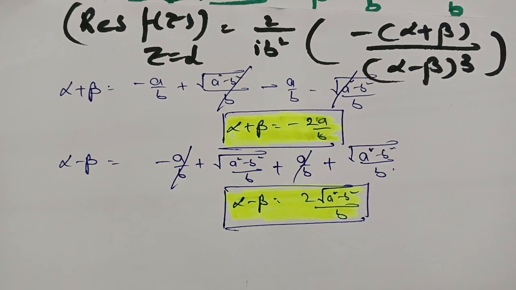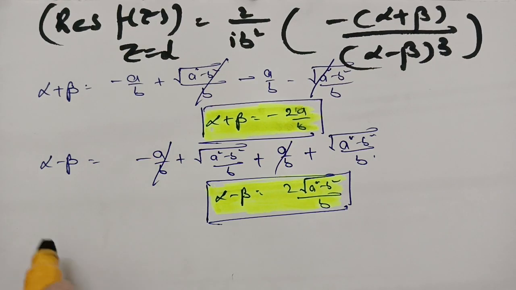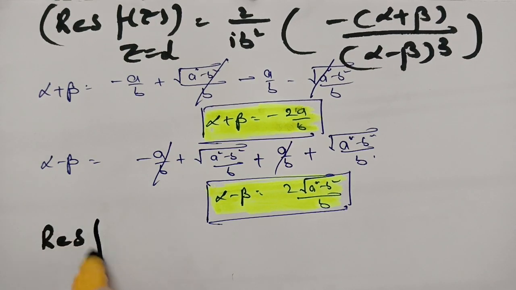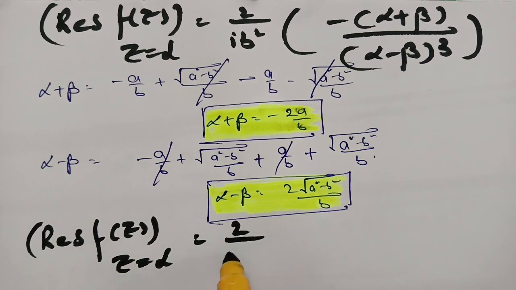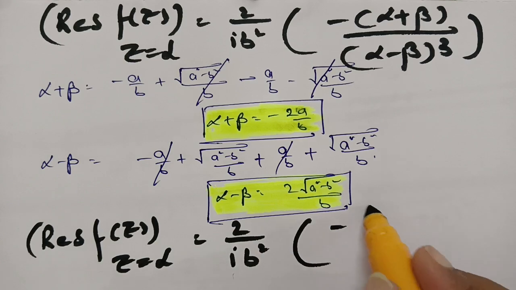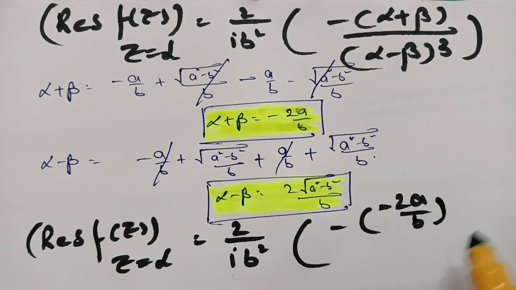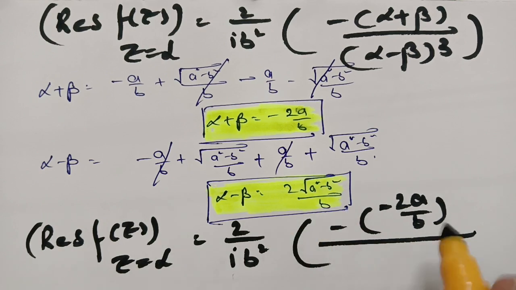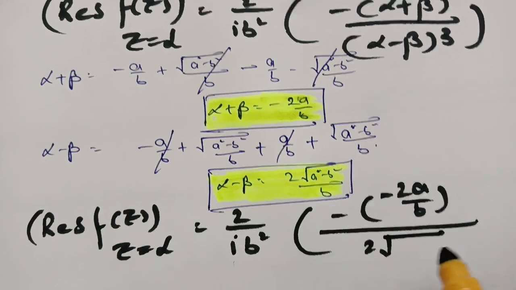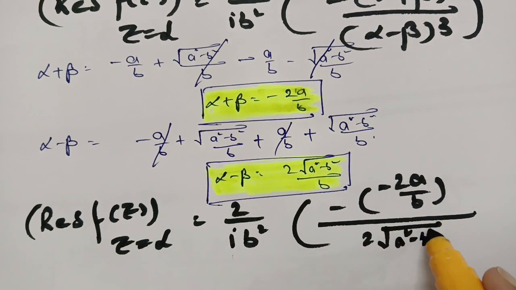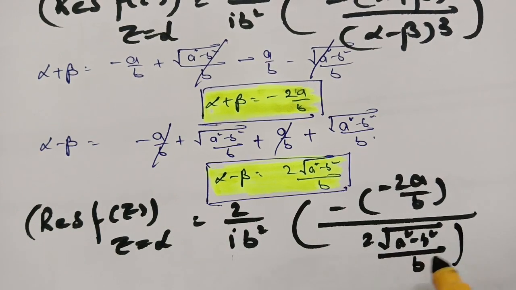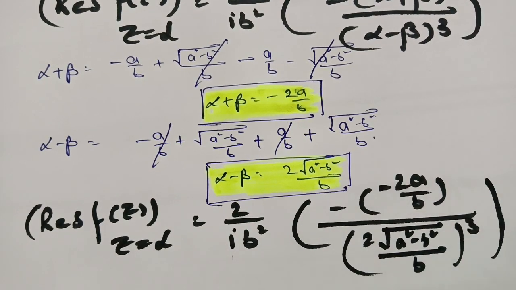Now I am going to substitute here. This will be the residue value. The residue of f of z at z equal to alpha is 2 by i b square into minus of alpha plus beta, which is minus 2a by b, by alpha minus beta whole cube, which is 2 into root over a square minus b square by b whole cube. Clear?